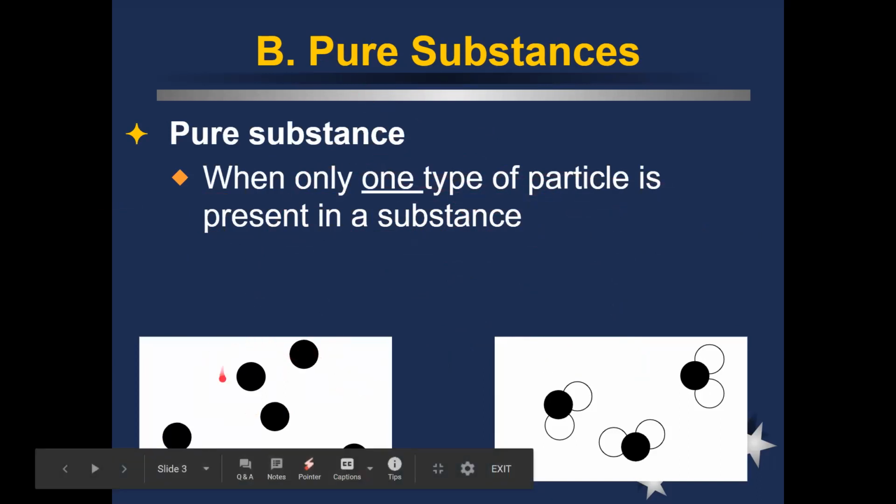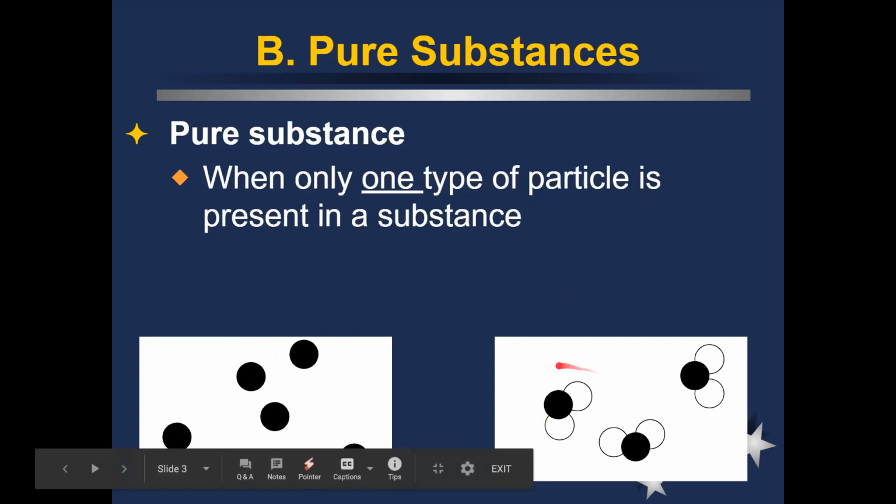In our first picture, we only have the single black dot particles that are all on their own. In this other picture, we have a combination of 1 black dot and 2 white dot particles.